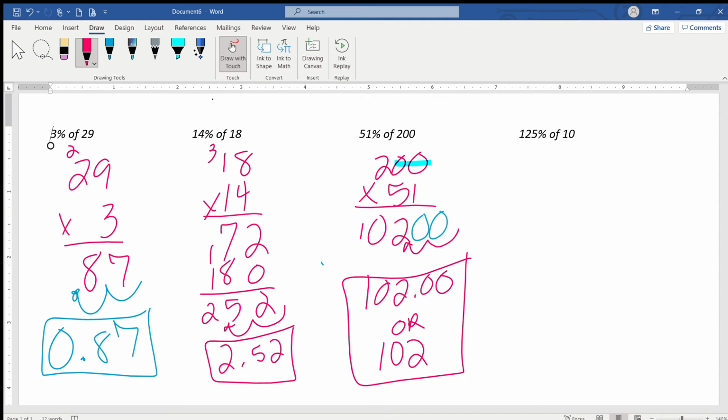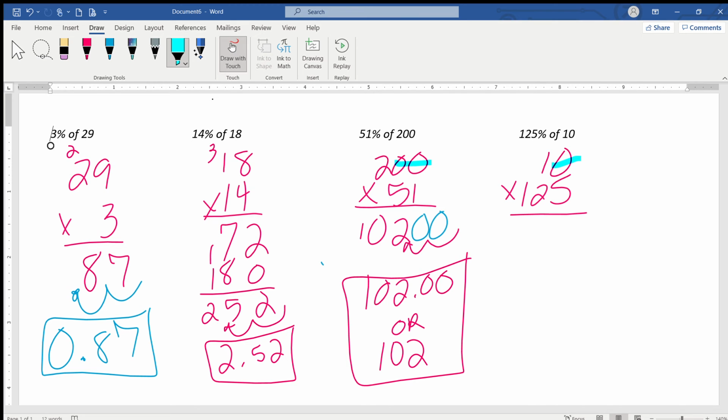Next one, same deal, same thing. You're going to multiply 10 and 125. If you want to flip those numbers around, you can. You can put the 125 above the 10. That's totally up to you. Just like with the 200, we're going to ignore this 0 right here.